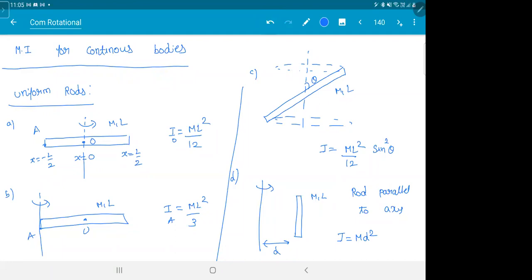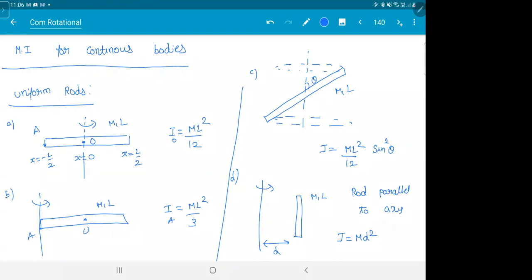Put it on properly. This third one, C part. C part is a direct question in the exam. Options will be like this: mL square by 12 sine square theta, mL square by 12 cos square theta.